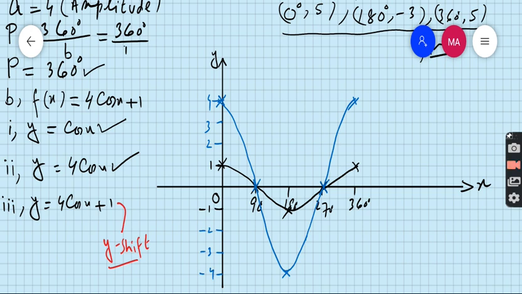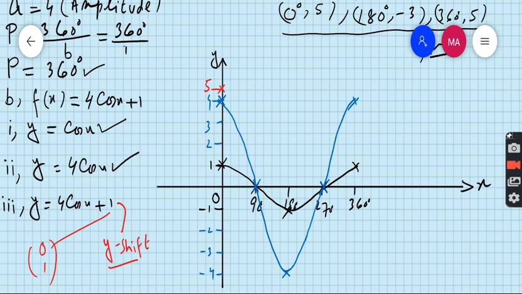So y shift means the value of x is 0 and the value of y is 1. This is called y shift. So we have to move each and every point 1 unit above. This is 4. Then this should be placed over here, 5. This point moves over here, 5.